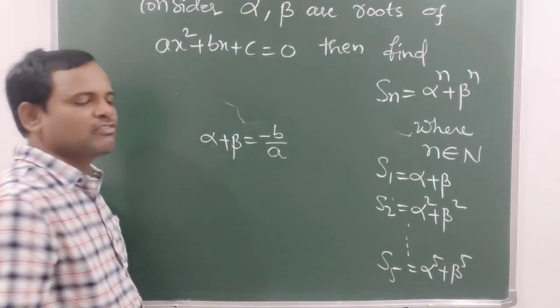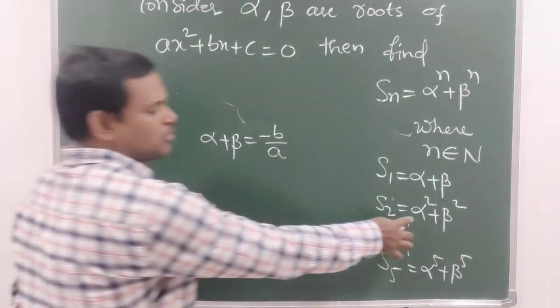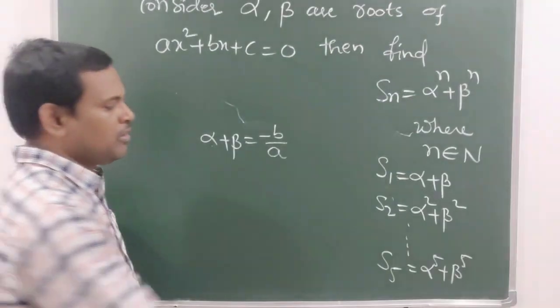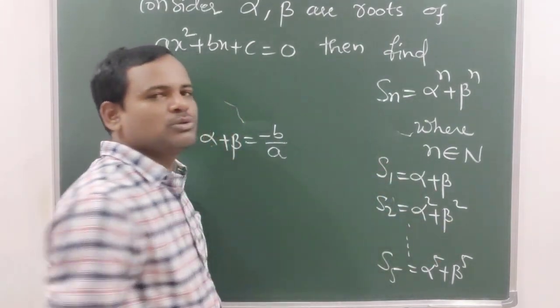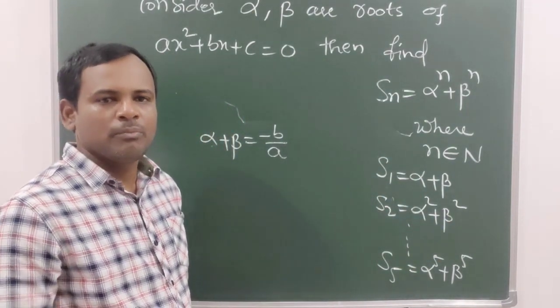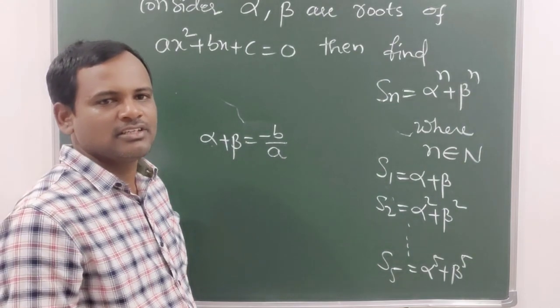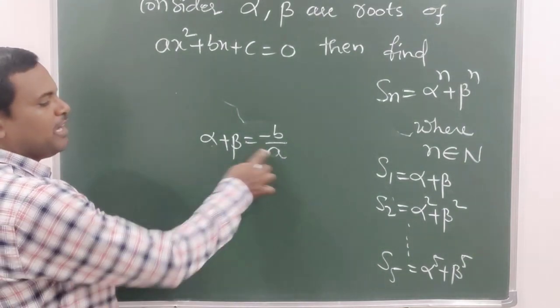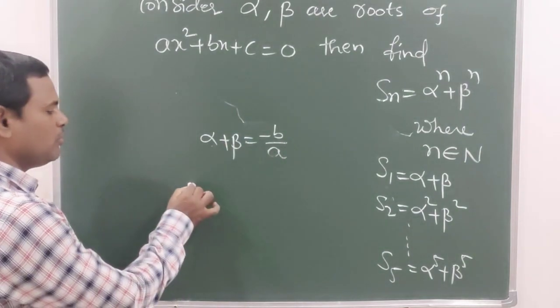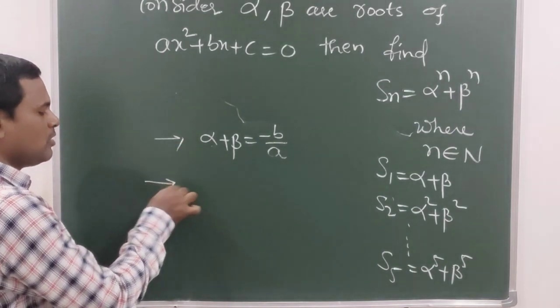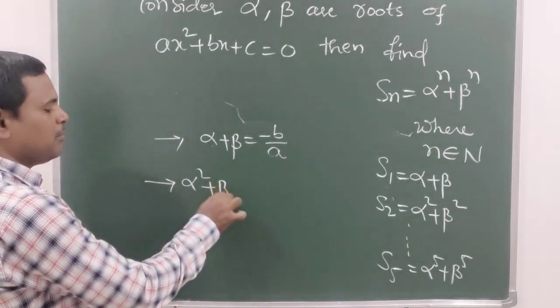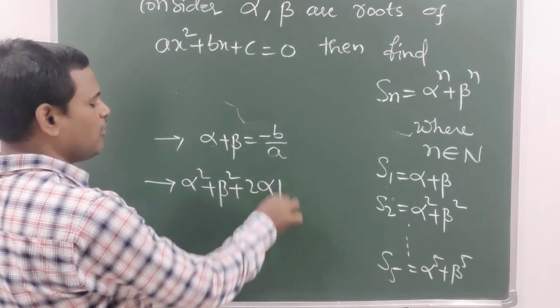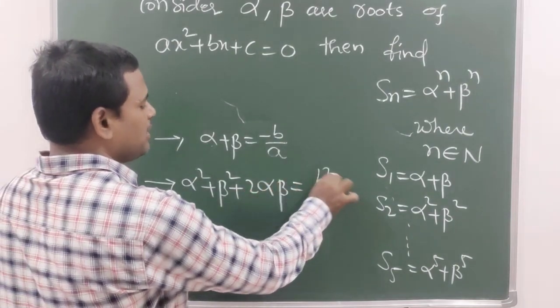Similarly, alpha square plus beta square, you can answer using identities. If you take the square on both sides, what do we get? Alpha square plus beta square plus 2 alpha beta equals b square by a square.